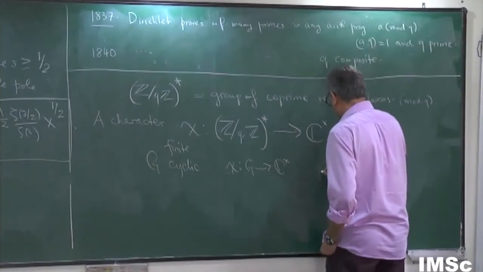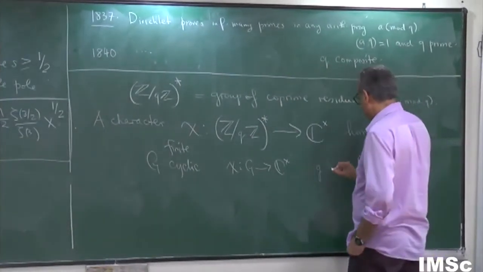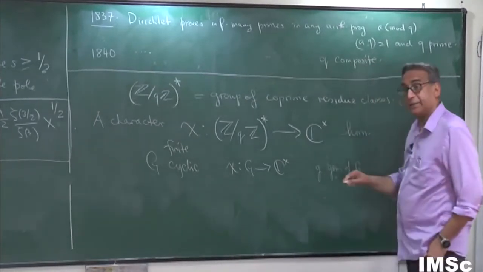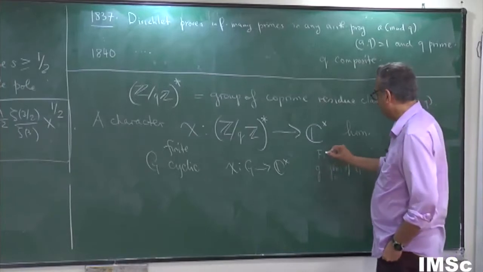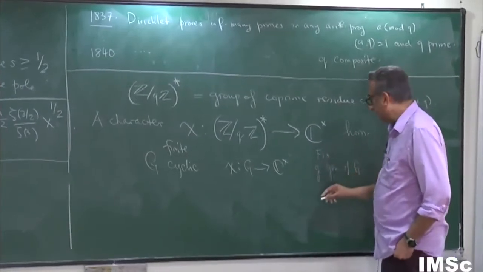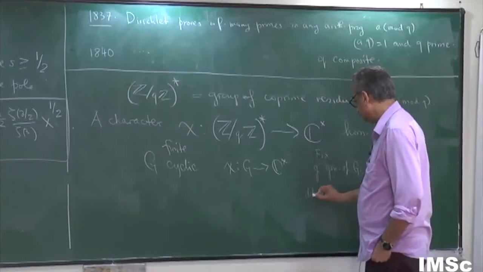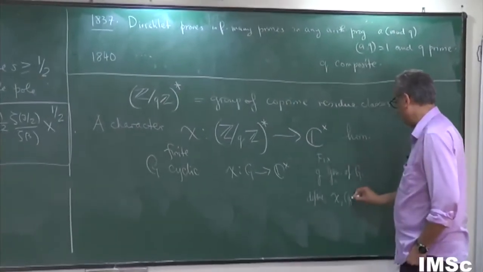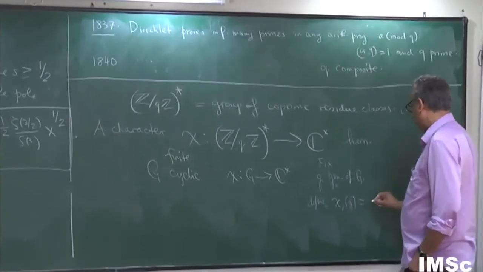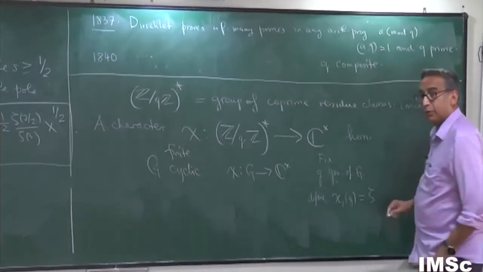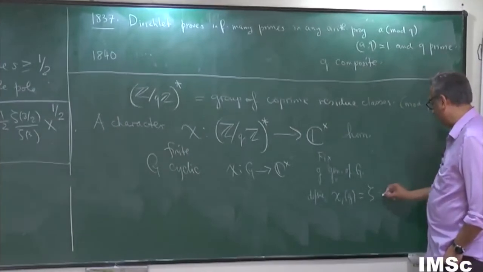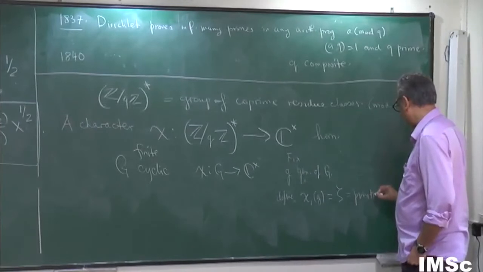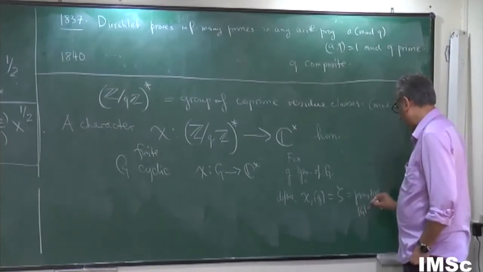Take a generator g, fix the generator, and define chi1 of g to be a primitive root of unity. Zeta is a primitive gth root of unity, right?